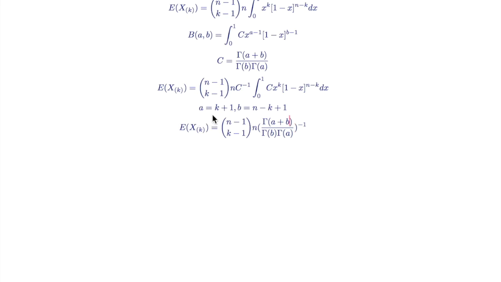Well, that's n minus k plus k, so that cancels, plus 2, right? So it's n plus 2. Gamma of b is n minus k plus 1, and gamma of a is k plus 1, right? Okay, cool.